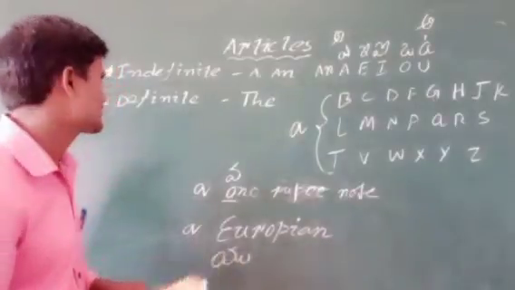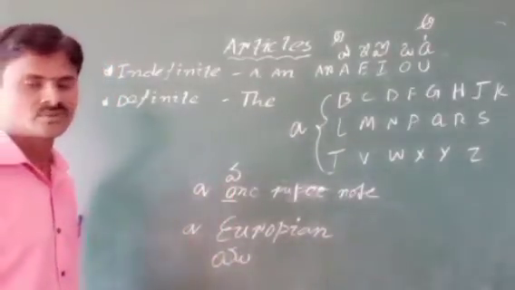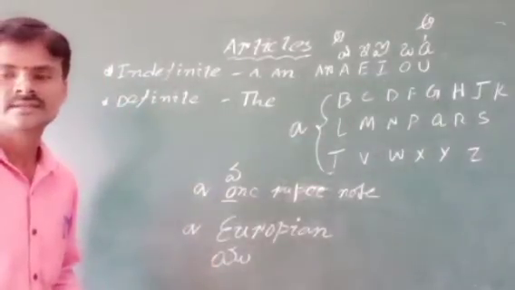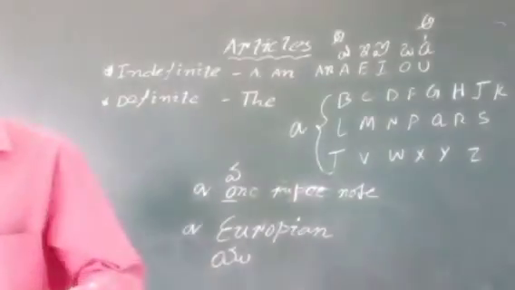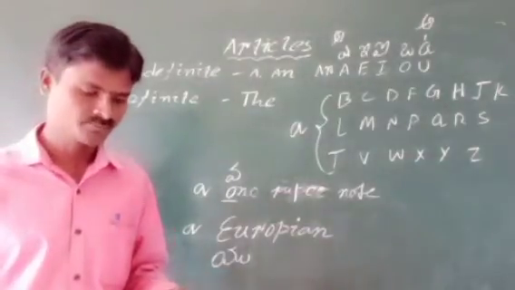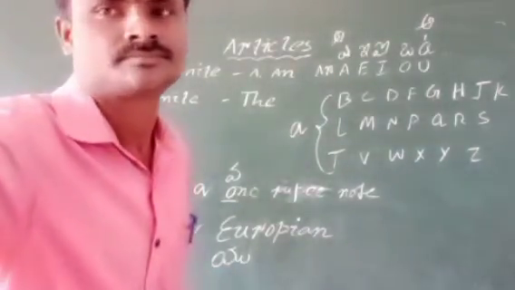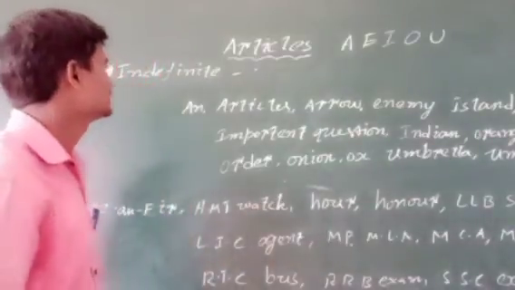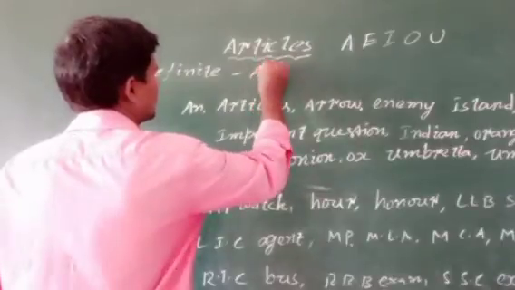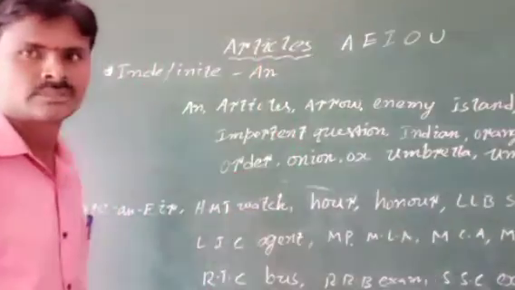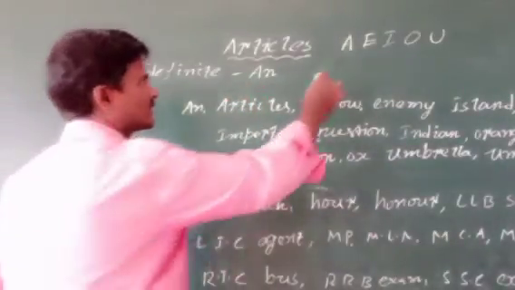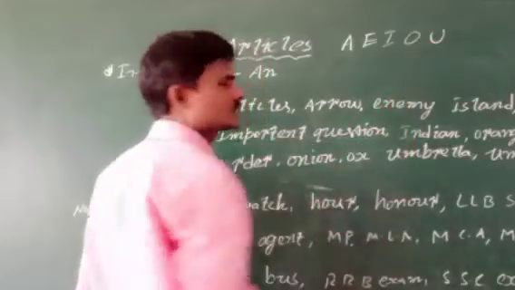First, I will give some examples of indefinite articles a and an. There are some exercises. After this, we will discuss the definite article. See children, an comes before a, e, i, o, u sounds.